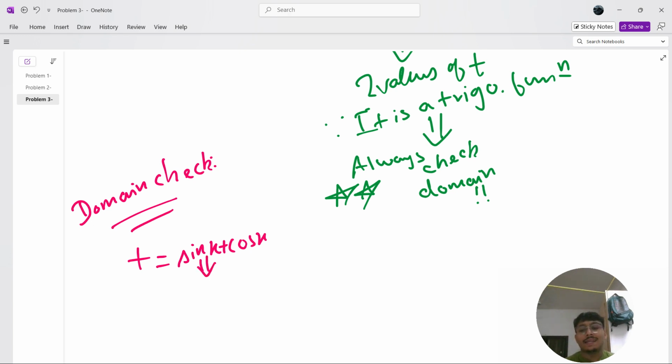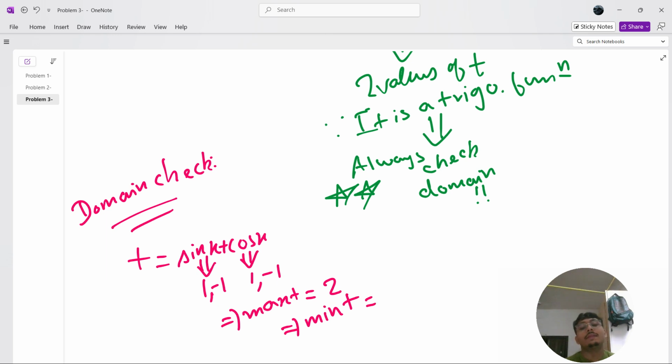The maximum value of sin x is 1, the maximum value of cos x is 1, and the minimum value is minus 1. So max t will only be possible when both the functions separately have their maximum values, that is 2, and min t will only be possible when they have their minimum values, that is minus 2.